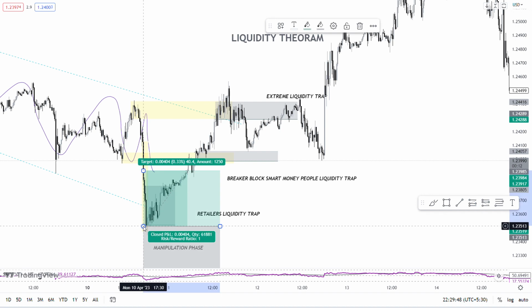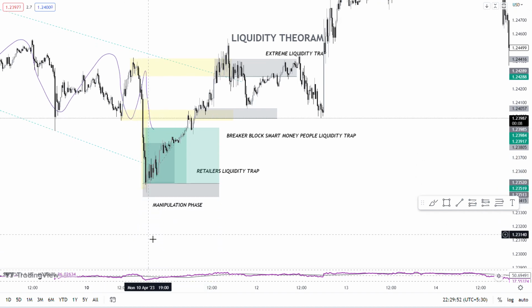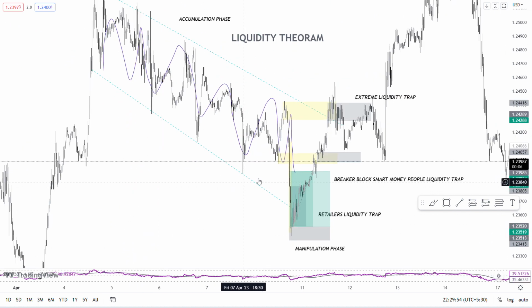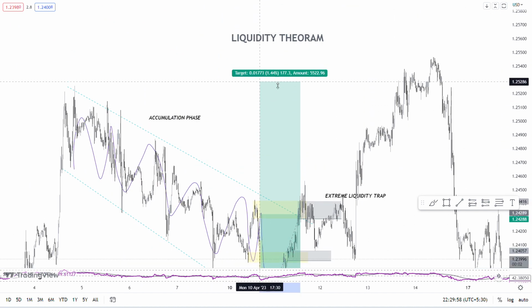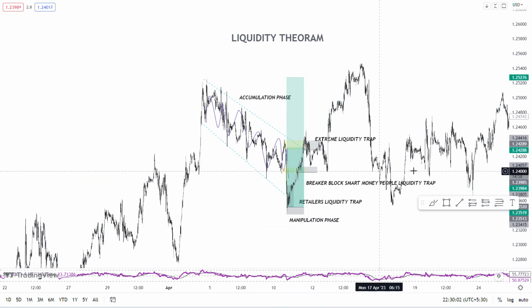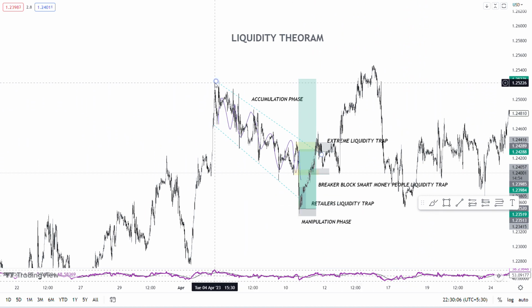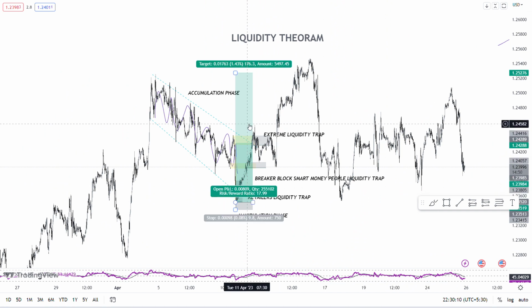This is where we enter the market and target the buy side liquidity. Again the same thing. After the buy side liquidity is taken, what will happen? Sell side liquidity is taken. The market is just moving on ping pong, bro.